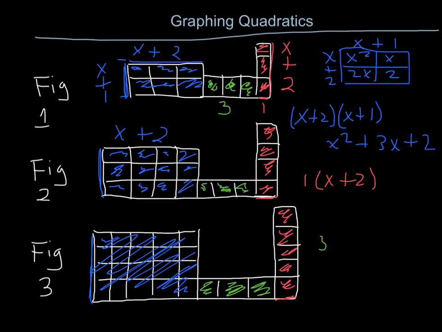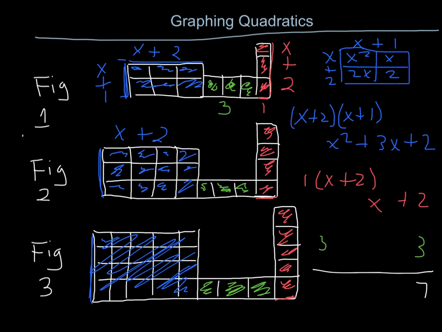And for the red, I just have x plus 2. And for the green, I have 3. So now if I add all these together, if I add my blue, my red, and my green, I get 7 ones.